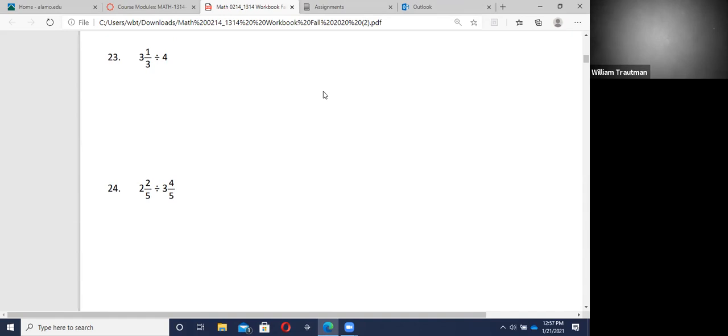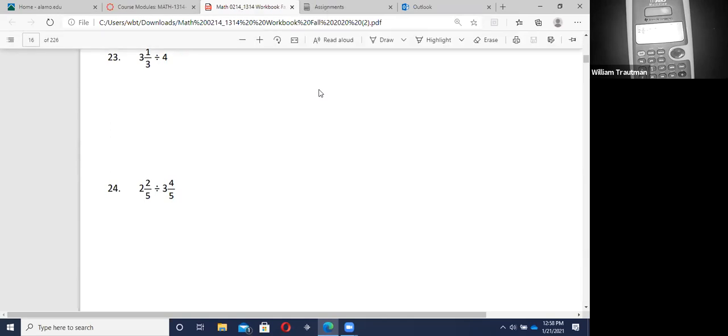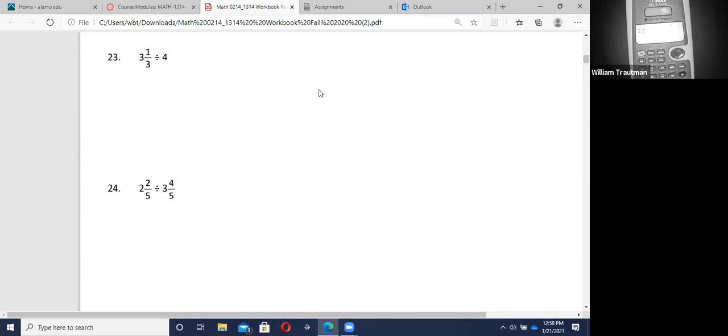If you remember, right above the fraction key, you have to hit second and the fraction key for a mixed number. 2 and 2/5 divided by another second, 3 and 4/5.